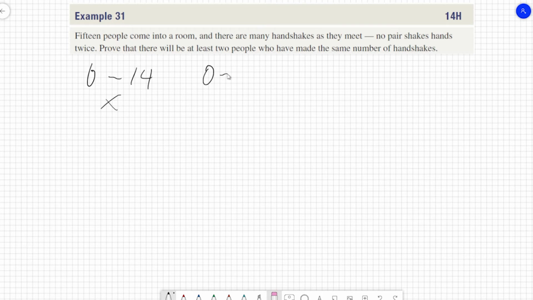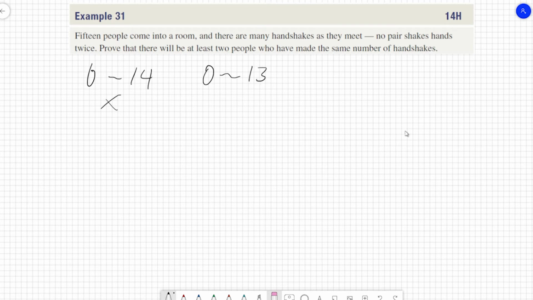So the maximum possible handshakes, if someone inside the room has shaken no hands, is 13, because the maximum number of possible handshakes is with the 13 people apart from the person who has not shaken any hands. So that's the first scenario.